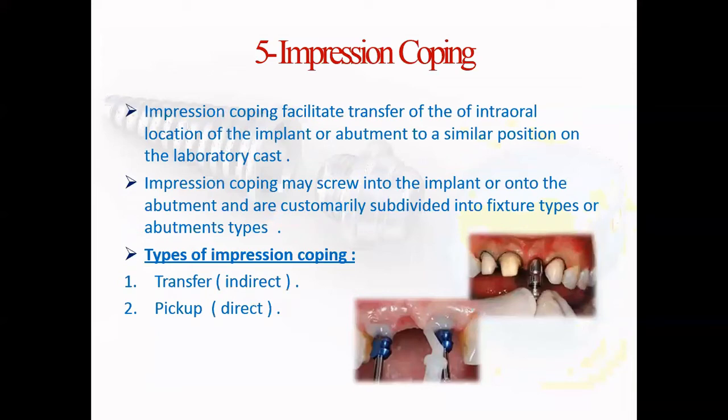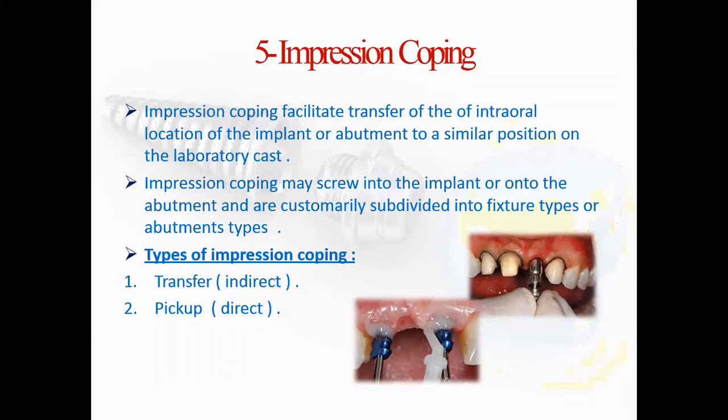And we see some of the prosthetic components which are aided for impression. So after we place an implant, we can place an impression coping. The impression coping may screw into the implant or into the abutment, depending on the fixture type of abutments. So we can take the impression with the coping.